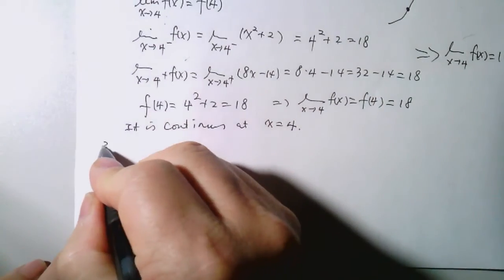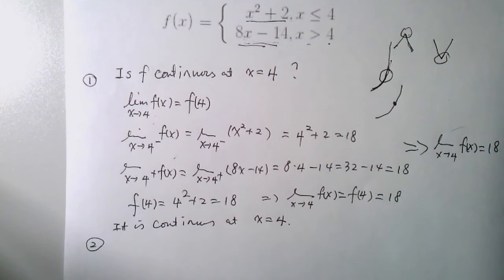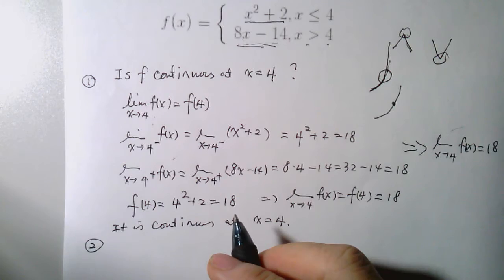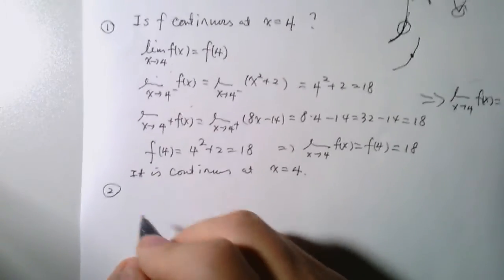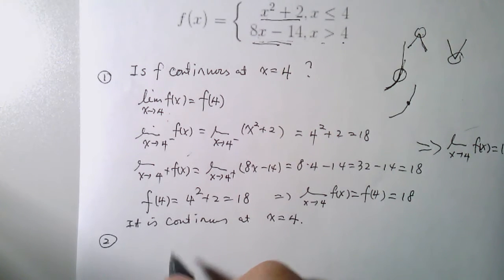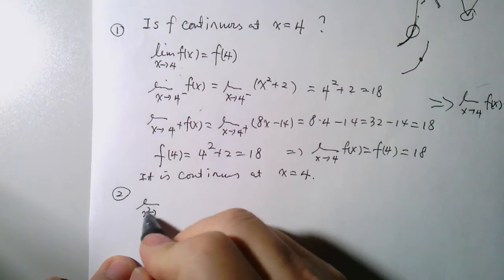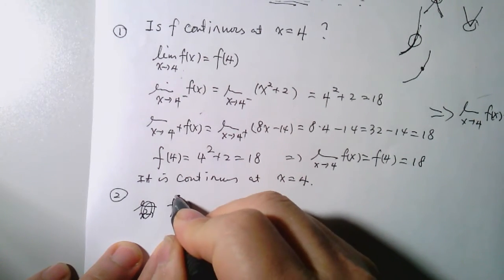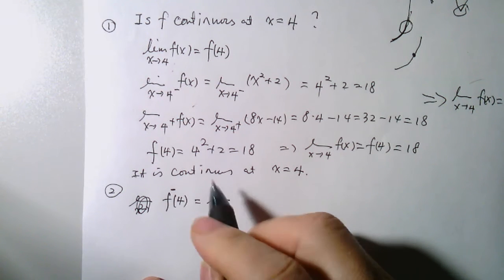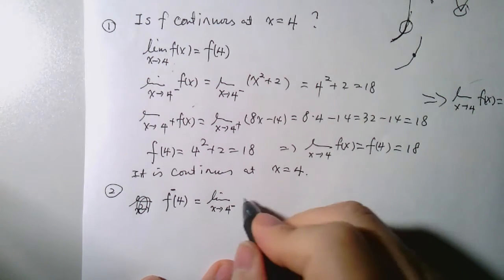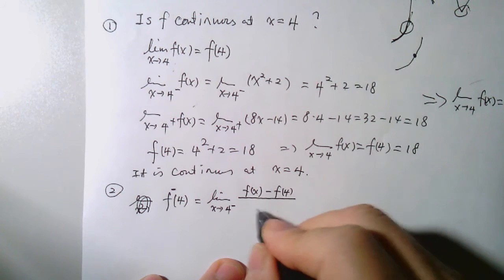Now take a look at the derivative. We use the so-called derivative from the left, using the alternative definition of the derivative. So f prime of 4 from the left equals the limit as x goes to 4 from the left of f of x minus f of 4 divided by x minus 4.